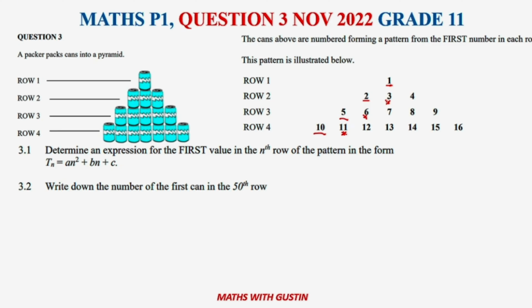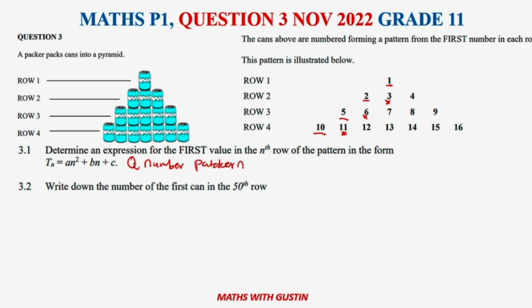It says determine an expression for the first value in the nth row of the pattern in the form Tn = an² + bn + c, which is therefore a quadratic number pattern. So we know what to do with a quadratic number pattern.